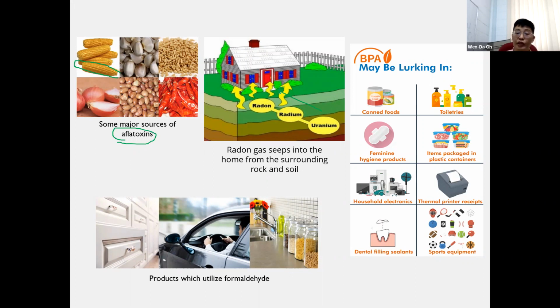In Southeast Asia, I think it's quite safe. But in countries like Russia and China, specific parts contain uranium, which is quite dangerous, can be a source of genotoxin. And then products like furniture sometimes utilize formaldehyde, right?